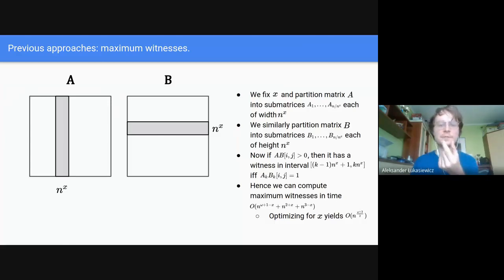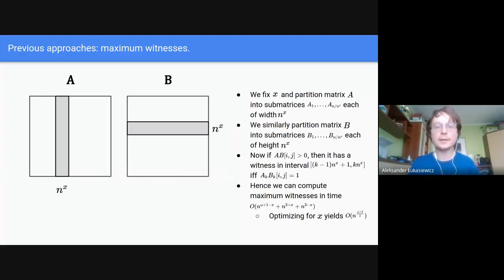And then we brute force inside the stripe. It takes n to x, and again we might need to do that n squared times, so this gives us n to 2 plus x. Okay? Now we can see that we can drop n to 3 minus x because it's dominated by n to omega plus 1 minus x, and then we optimize. After optimizing, we get n to the omega plus 3 divided by 2.